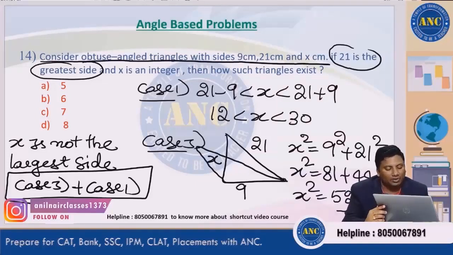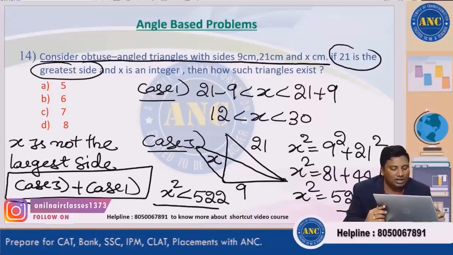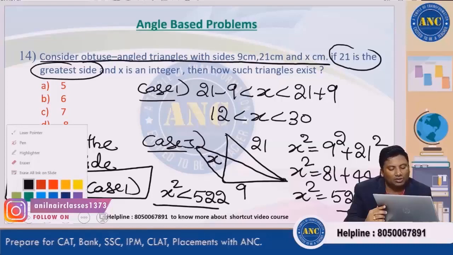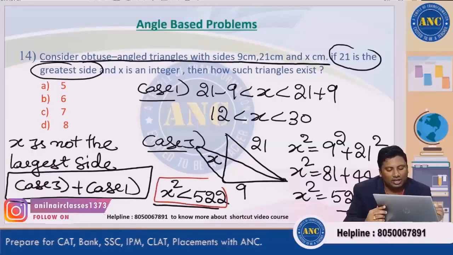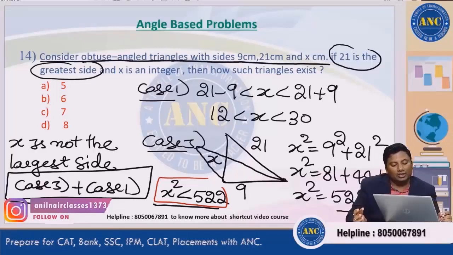If hypotenuse increases, the height x will decrease. X square is less than 522. Let us see which values are possible. What is 23 square? 529. So 22 square is 484.